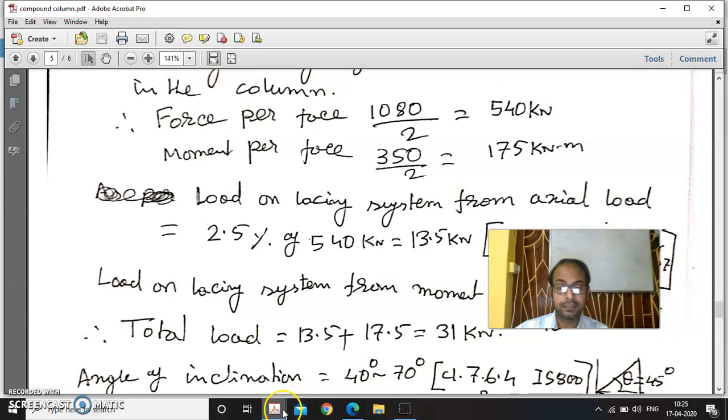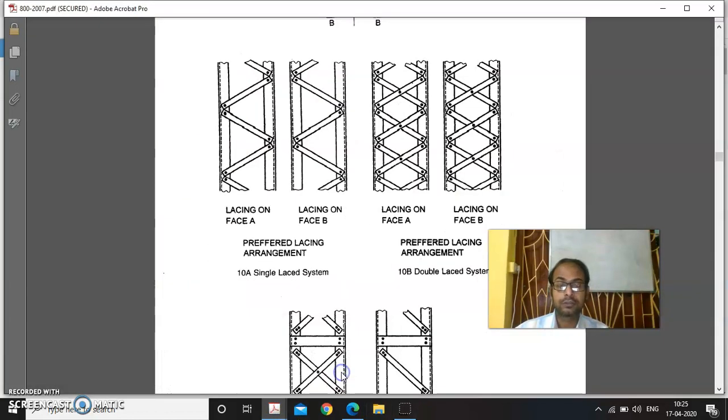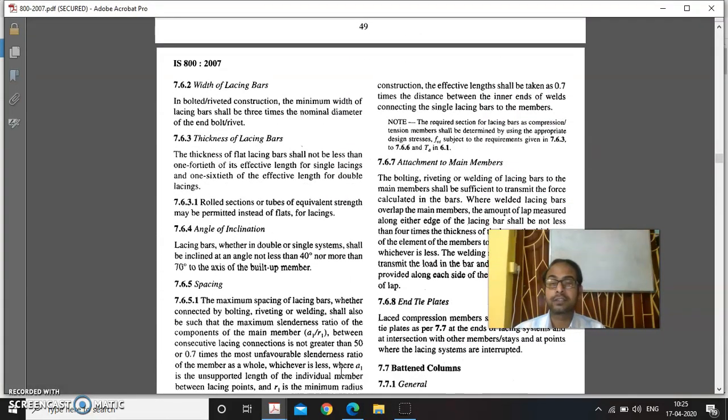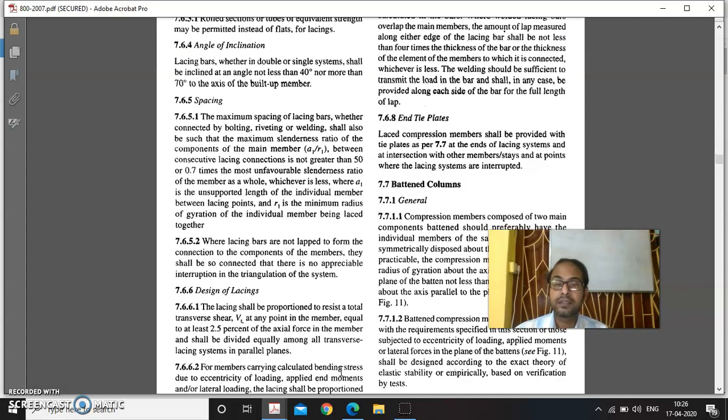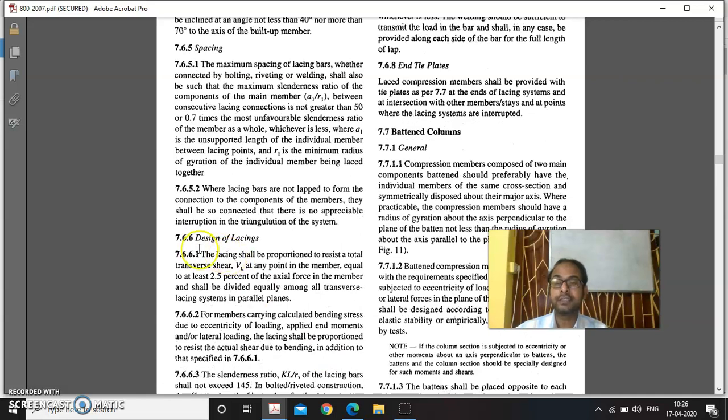That is given in our code. Let us come to the relevant clause. It is mentioned in clause 7.6.6.1.